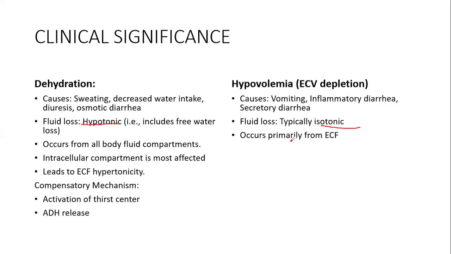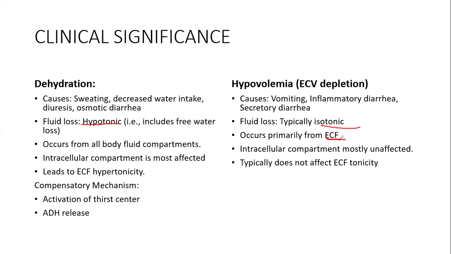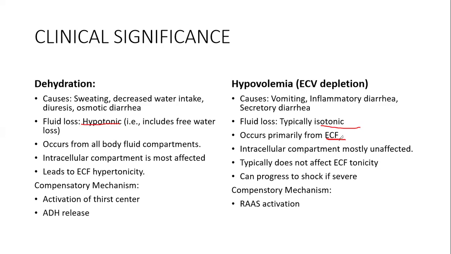So it occurs primarily from extracellular compartment, right? So intracellular compartment is mostly unaffected, typically does not affect extracellular fluid tonicity. It can progress to shock if severe. The compensatory mechanisms include RAS activation and ADH release.